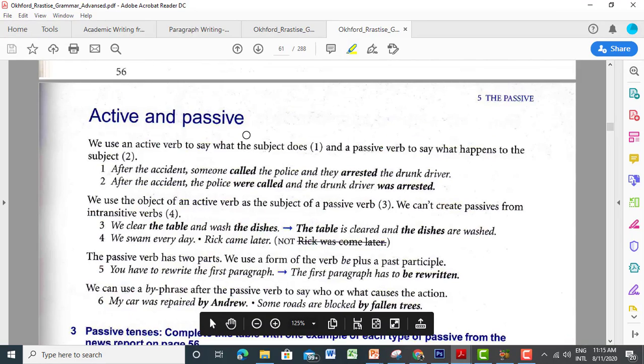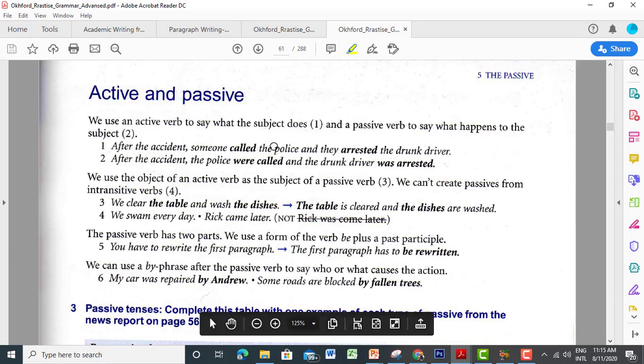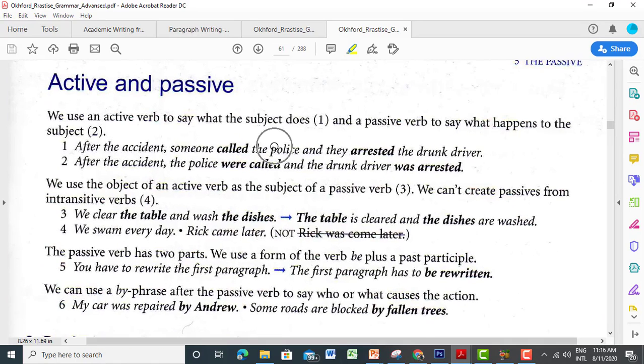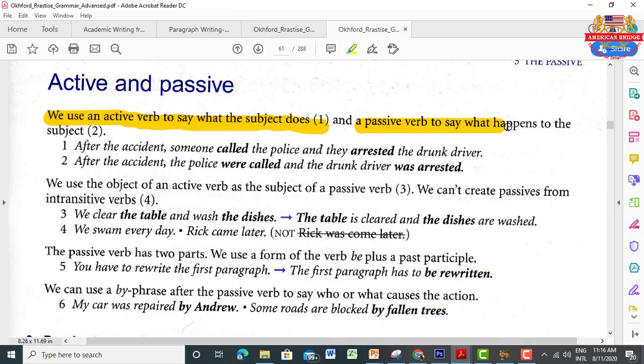Okay, here we talk about the active voice and passive voice, everyone. We use an active verb to say what the subject does. When the subject does the action, we use the active, and a passive verb says what happened to the subject.